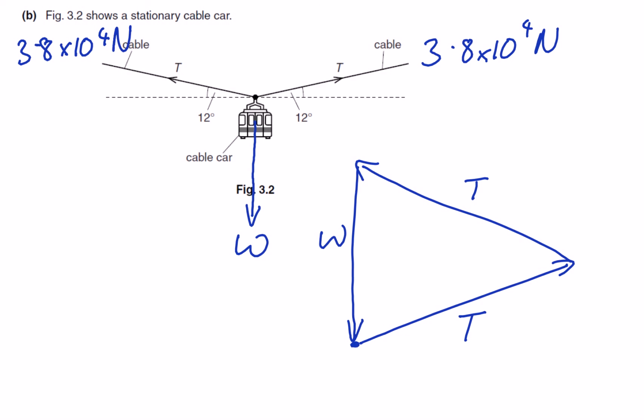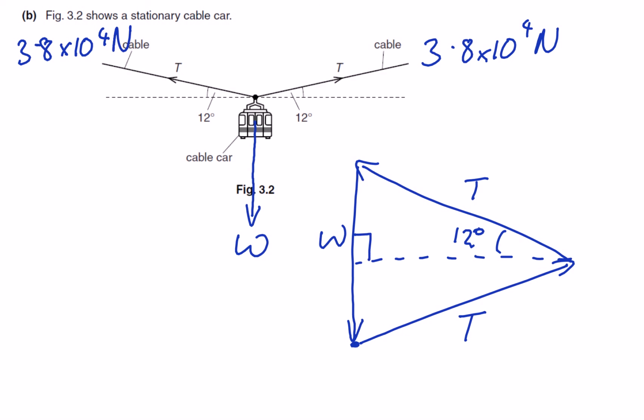And if I put that angle in there at 12 degrees, then what I can see is obviously this entire triangle, because it's symmetrical, is isosceles, which means that this midpoint here will meet at right angles, and I know that that's 12 degrees.